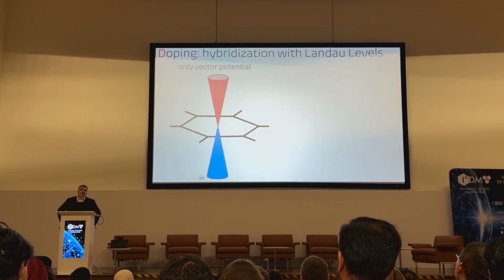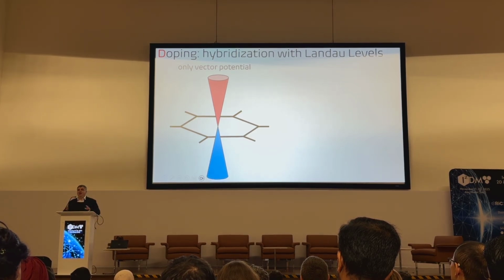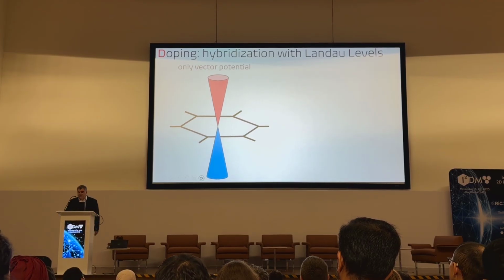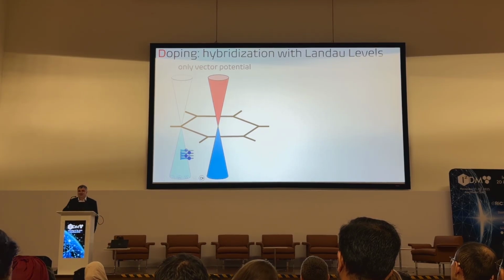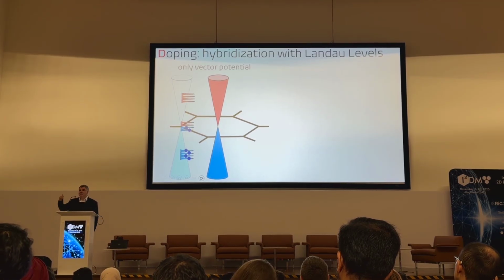This hexagonal pattern here is the Moiré pattern, and you have a reconstructed domain, and inside the domain nothing really happens. It's more or less the same Dirac cones, but when you get to the vertices, instead of the Dirac cones, because of the high pseudomagnetic field, you split the spectrum into a series of Landau levels.